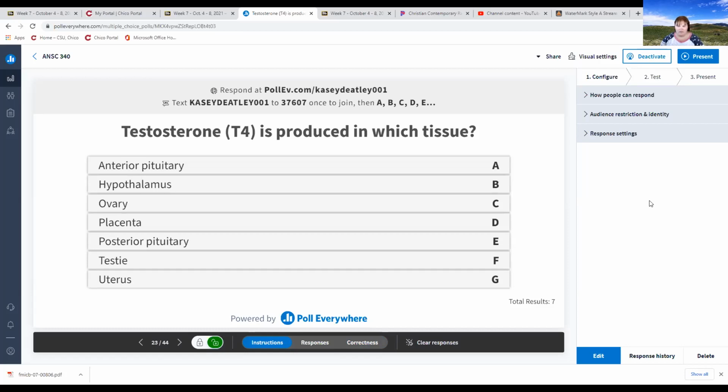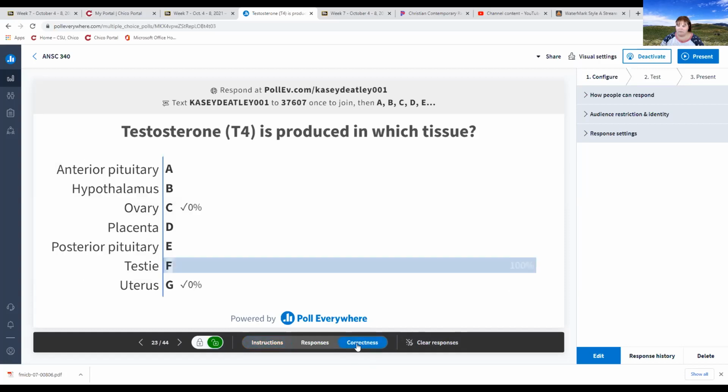But you guys don't need it. That's cool. All right, I think we got them all in. So in the testes, okay, which is true, that one just didn't get checked.